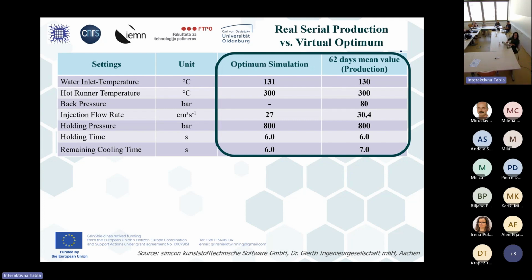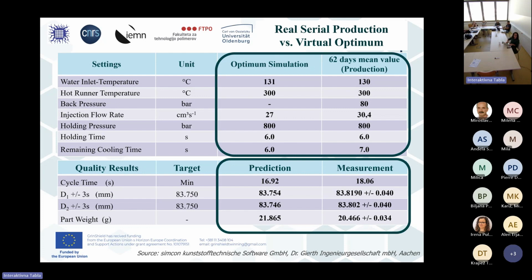There's nearly no difference. That can simulation do. And in terms of quality results, we had the part weight and 2 diameters. Look here, and the cycle time. The cycle time still can be reduced. But look at the diameters. They are close to each other. So that was the simulation result.